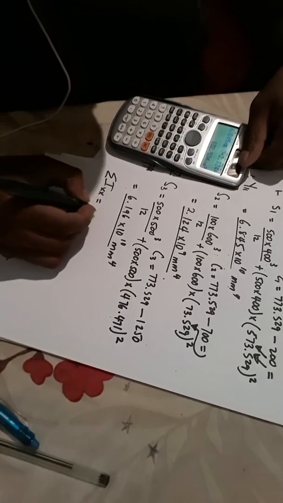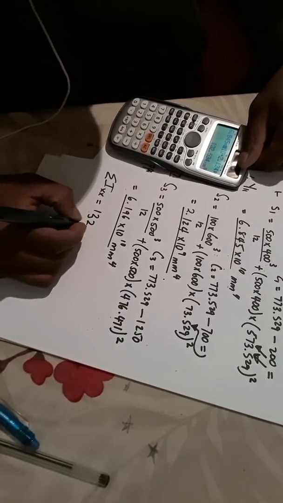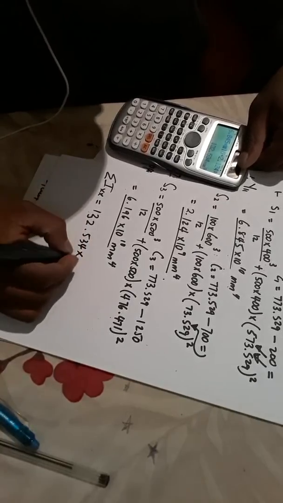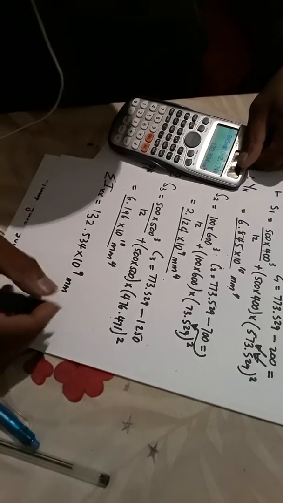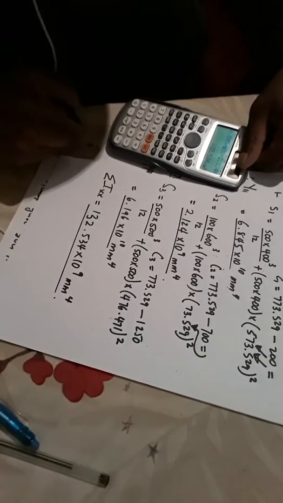So our Ixx is equal to 132.534 times 10 to the power of 9 millimeter to the power of 4.